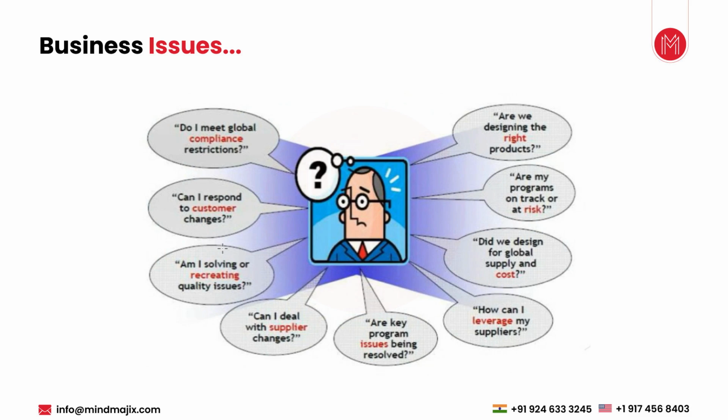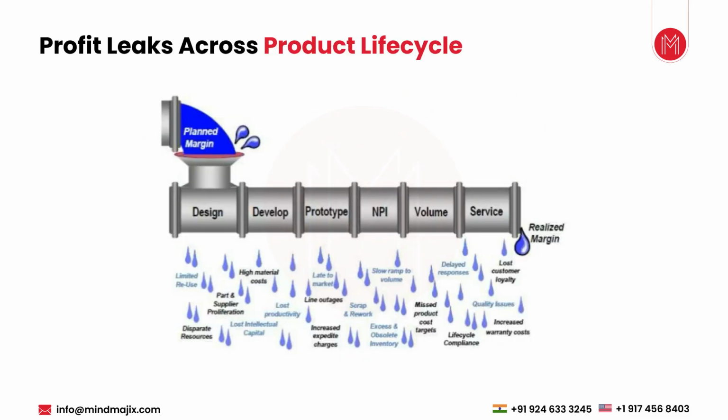So these are some business issues if we try to manage our own products, or rather the products are getting complex, so all their information should be in one place, which eventually leads to profit leaks, right?